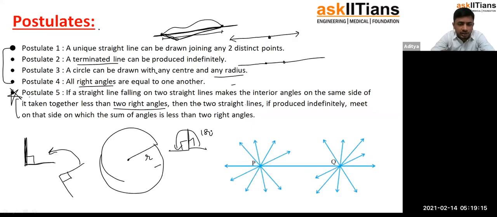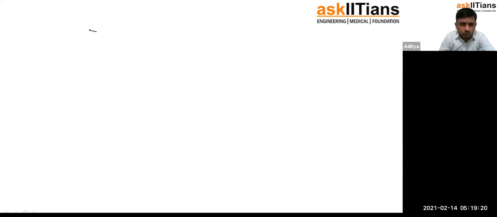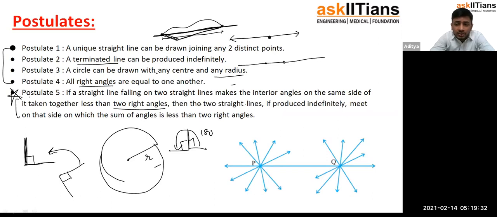What we actually mean by this: let us read it. If a straight line falls on two straight lines, so let us say there are two straight lines, let us call this line L and this line M. If a line falling on these two straight lines, let's call this line N, makes the interior angles on the same side of it.